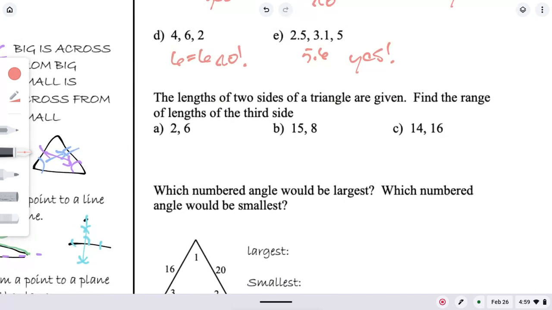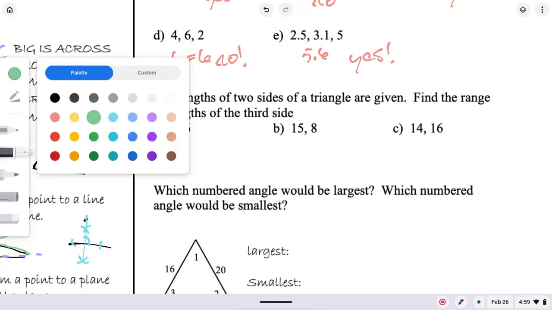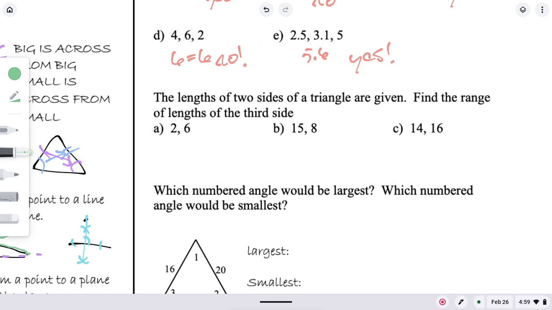Otherwise, these next few examples, a little weird, but same idea, right? What would have to be the length of that third side? Well, I don't know what the exact length is, but I know some bounds, right? The smallest that length could be, you have to add up that length and 2, some number I don't know, plus 2 would have to be bigger than 6.